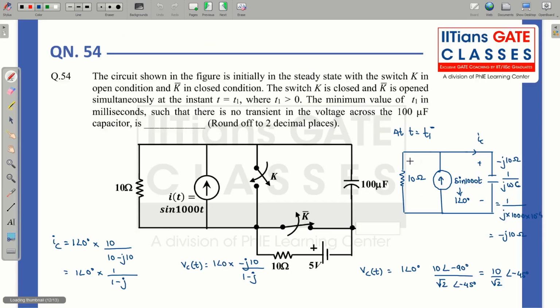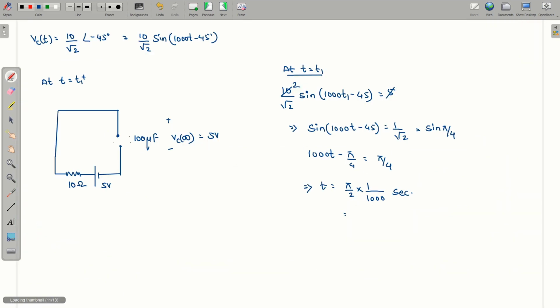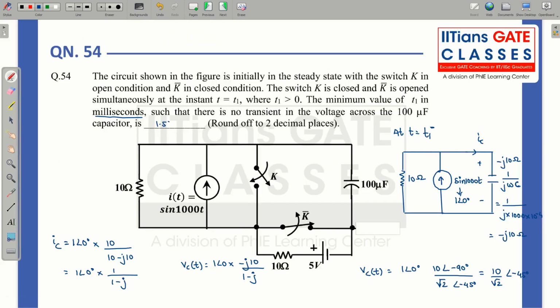Here our answer is in milliseconds, so I can write it as pi by 2 milliseconds. Pi by 2 means 1.57 milliseconds. So the answer for this question is 1.57.